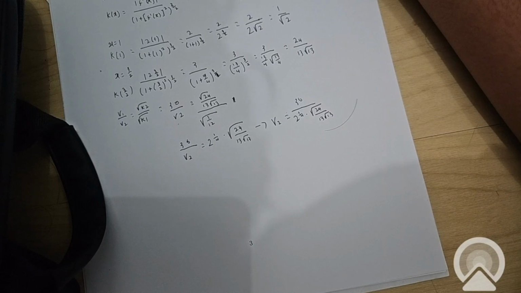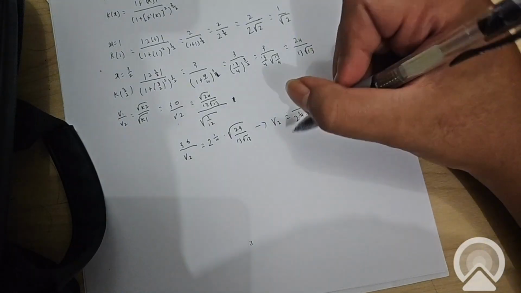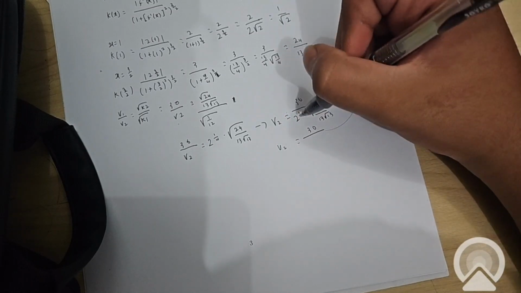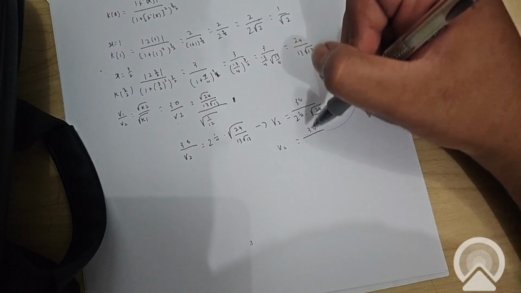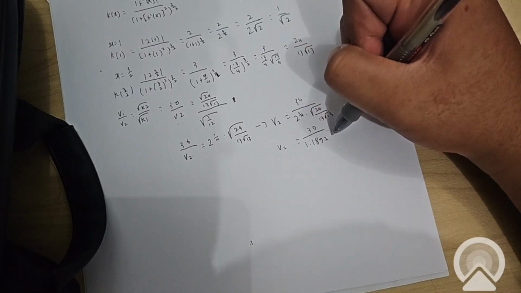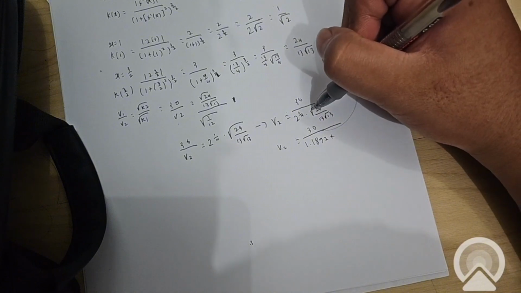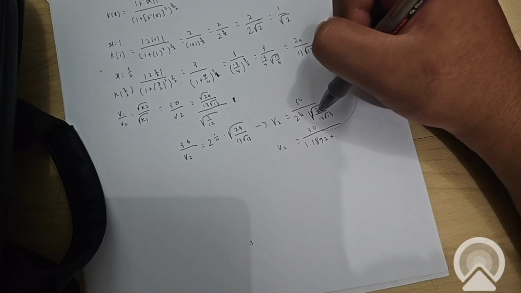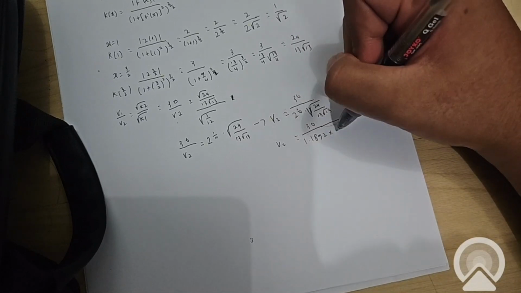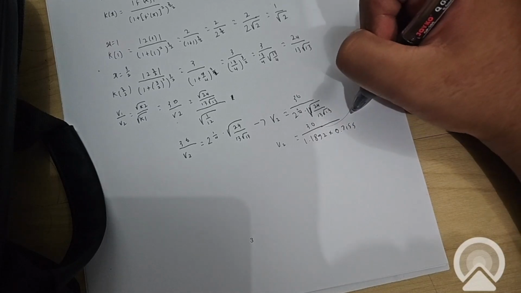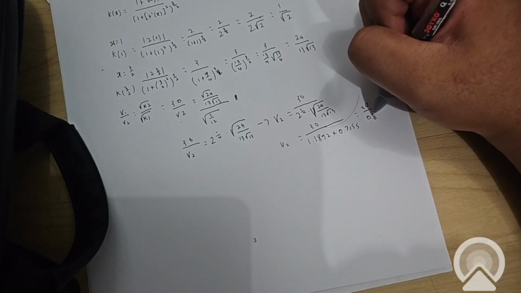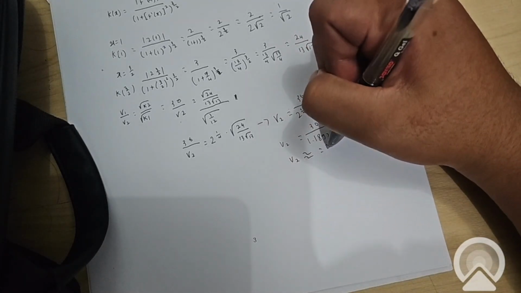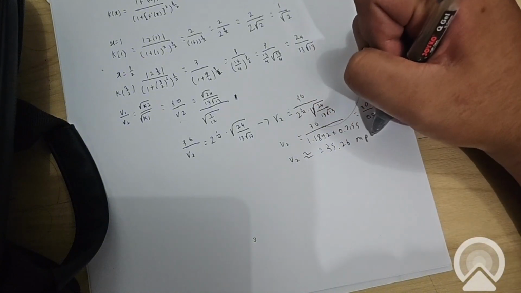And after we compute all of this, we get 1.1892 times the square root of 24 over 13 square root of 13, which is like 0.7155. So v2 is approximately equal to 35.26 miles per hour.